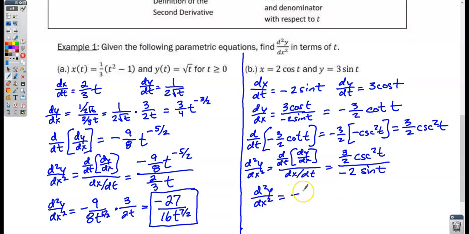And that's going to be negative 3/4. And dividing by sine is the same as multiplying by its reciprocal, and its reciprocal is cosecant. So this ends up being negative 3/4 cosecant cubed of t. That's a big deal. Make sure you have the right variable in there. And there's our second derivative.